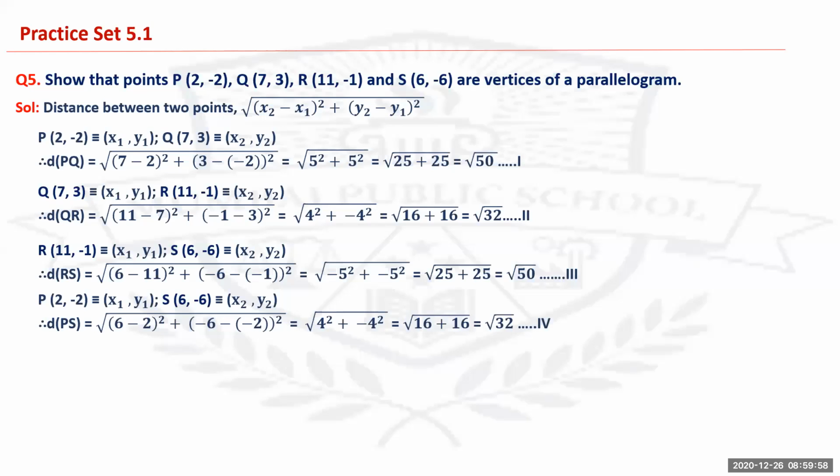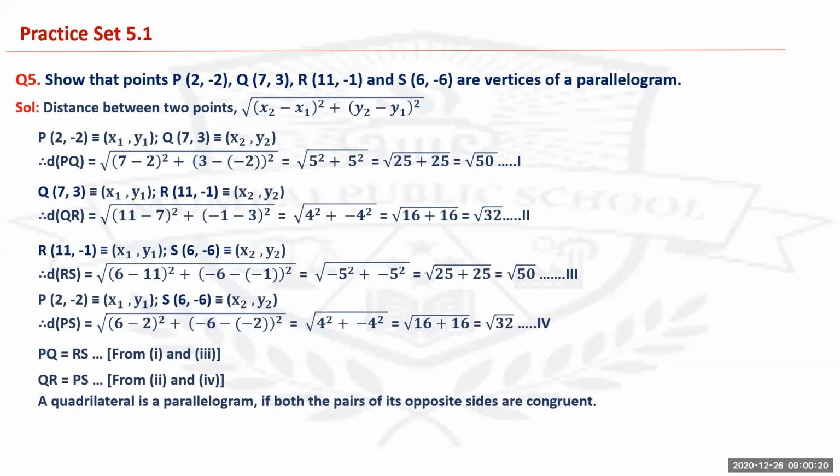If you have a look at all the four equations, from equation 1 and 3, you're going to get PQ equals RS. You're going to get QR equals PS from 2 and 4.